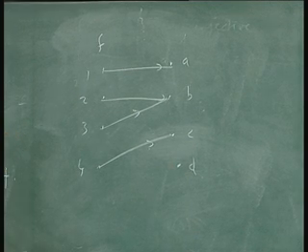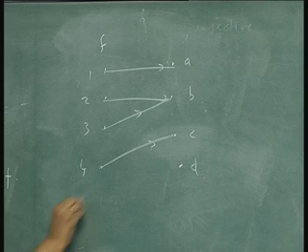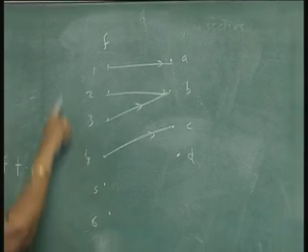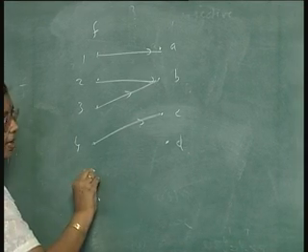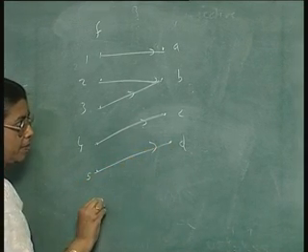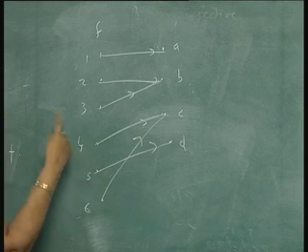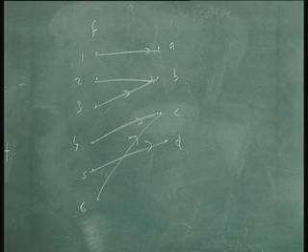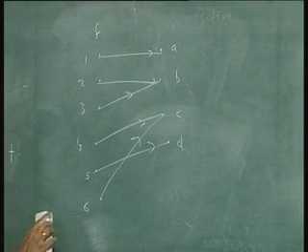Then I want to have some more elements, say 5 and 6, but as far as 1, 2, 3 and 4 are concerned, the same map. For 5 and 6 I define it like this: 5 is mapped onto d, 6 is mapped onto c. This is an extension of what we defined earlier. You have some additional things defined, and the underlying set is made a bigger set.